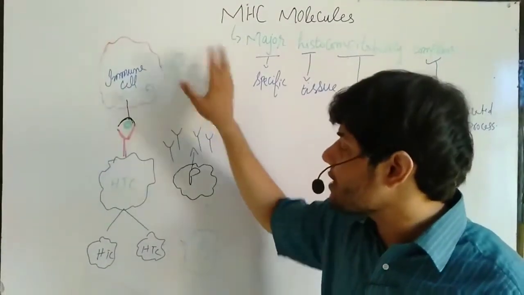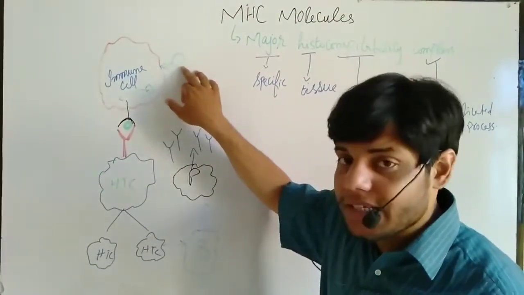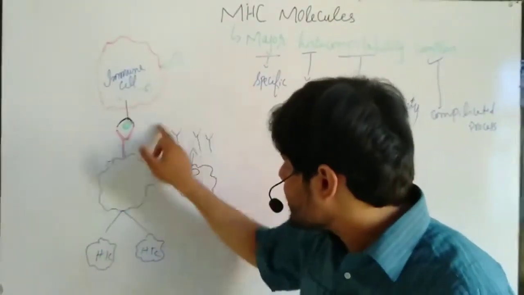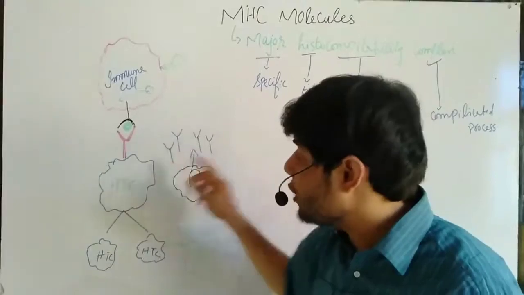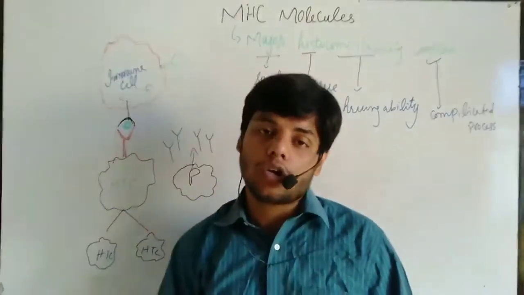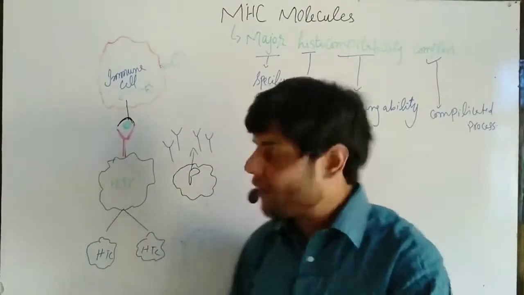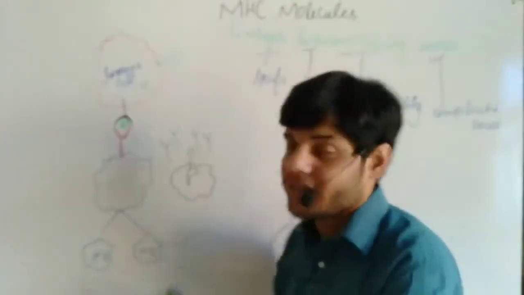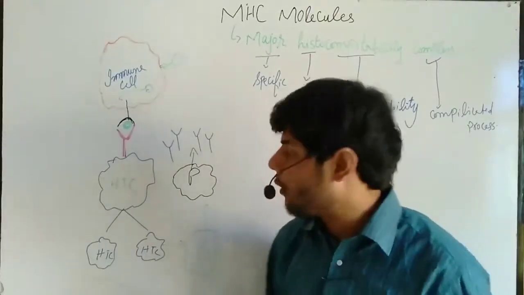If the same bacteria is present in the surroundings of our body, this antibody will act against each of the bacteria, and finally the process is under control. So that's how each of the processes happens inside our body.